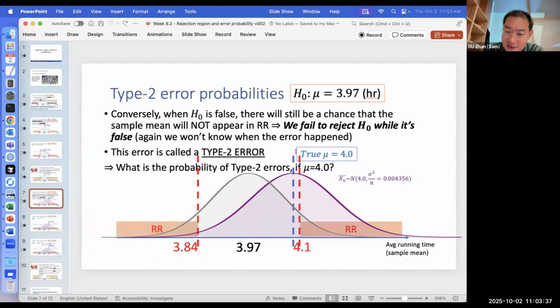If this is the case, you are going to observe the sample mean more likely to appear in the center and less likely to appear on the two sides. So now take note of it.